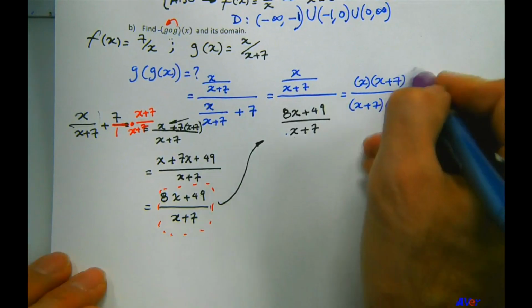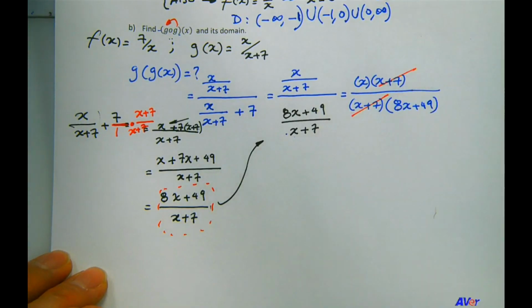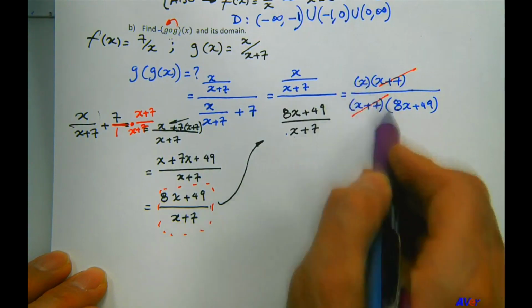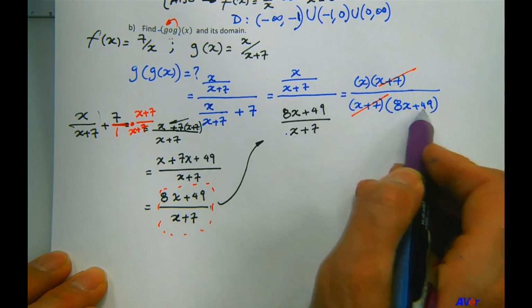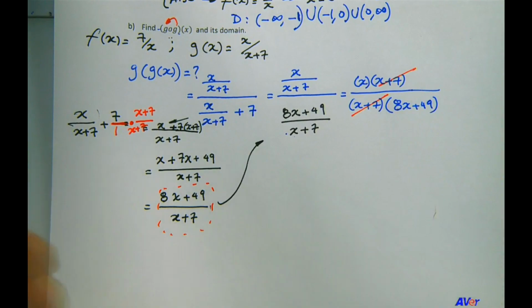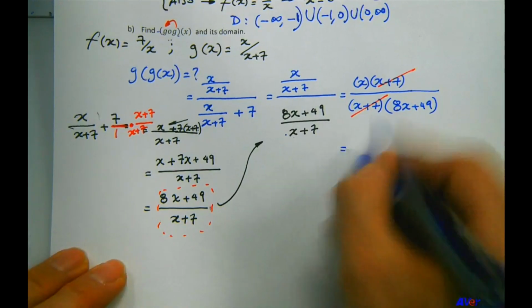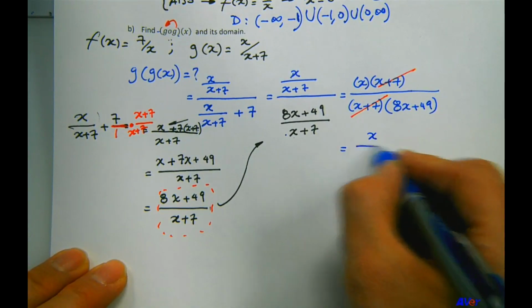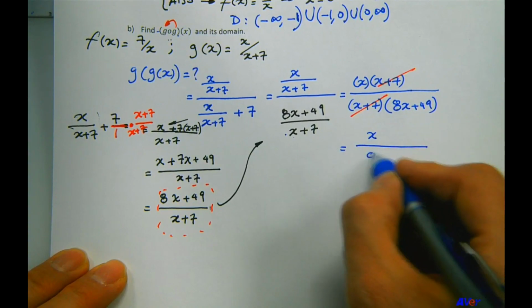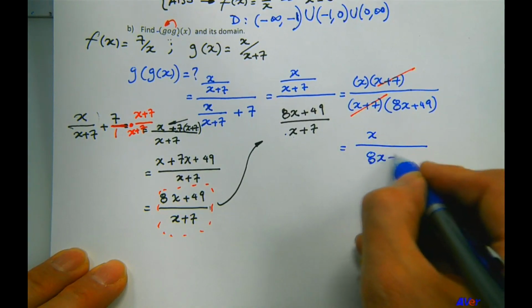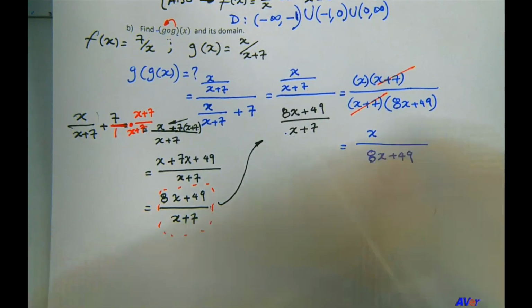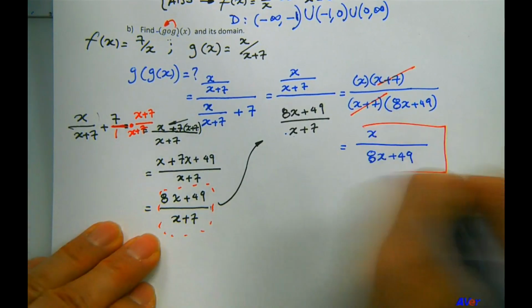So x plus 7 and x plus 7 cancel out because they're being multiplied by x and multiplied by 8x plus 49. So what do we end up with? We end up with x divided by 8x plus 49. That's the composite function.